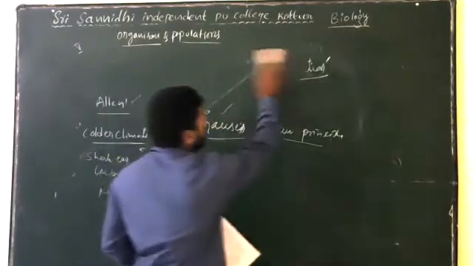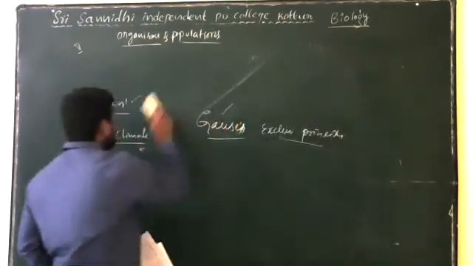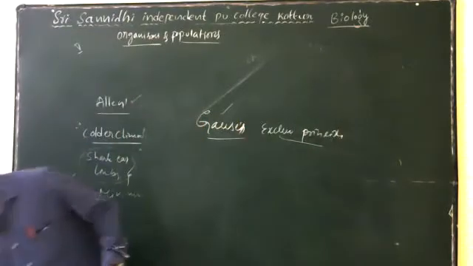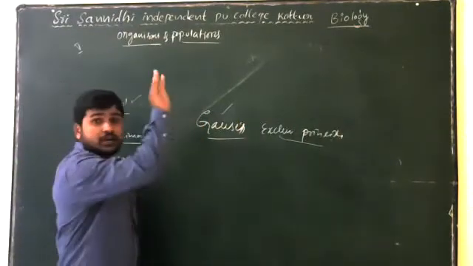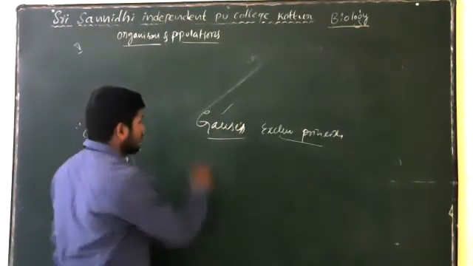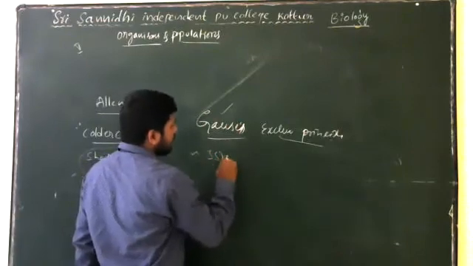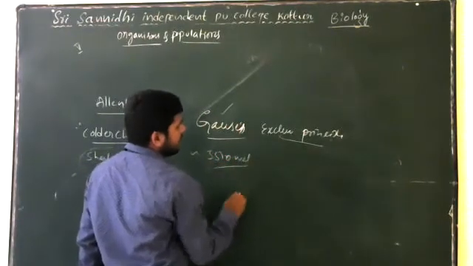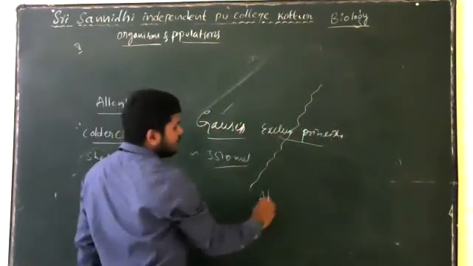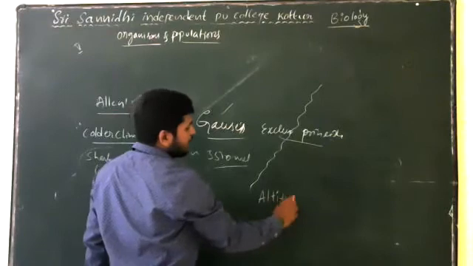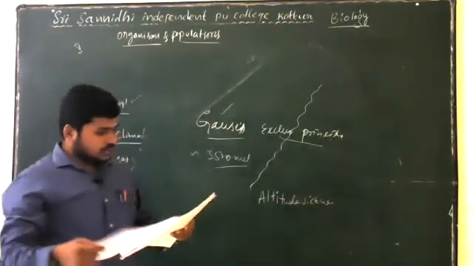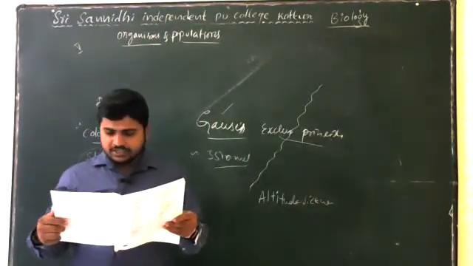Altitude sickness means individuals who move to higher altitudes, more than 3500 meters, while climbing mountains and hills, usually suffer from altitude sickness, due to low atmospheric pressure.